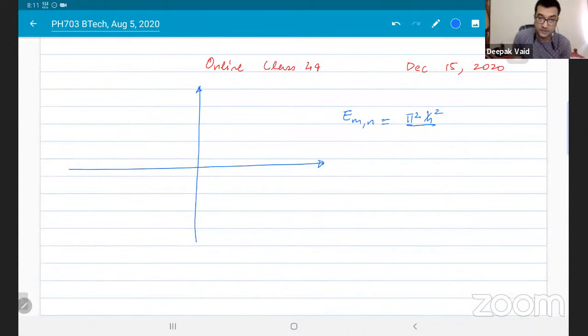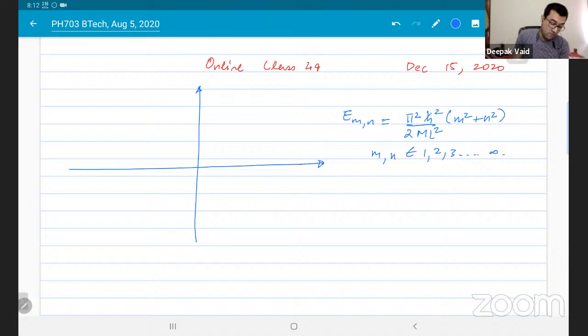Right, so there's some factor off somewhere. Again, I'll leave that to you to work out. There's a factor of 2 that I'm not getting right. So this is the expression for the energy for a particle in a two-dimensional potential well.